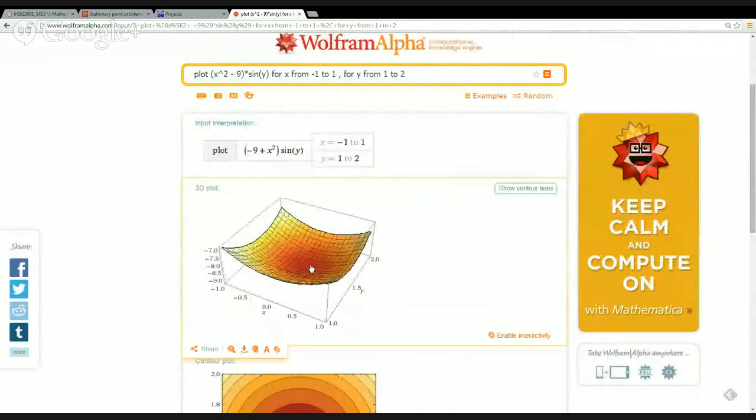Okay, I've only roughly centered it on y equals pi over 2. Pi over 2 is somewhere between y equals 1 and y equals 2. So that clearly looks like a local minimum. And if you went to one of the ones corresponding to n odd, we would see a local maximum as well.